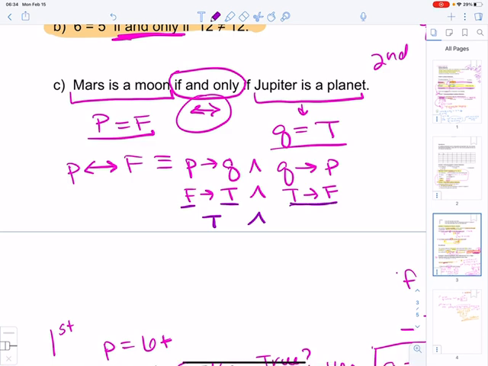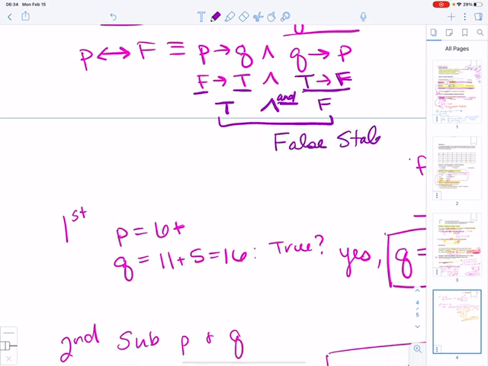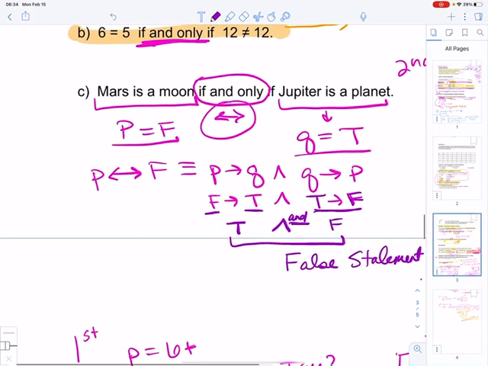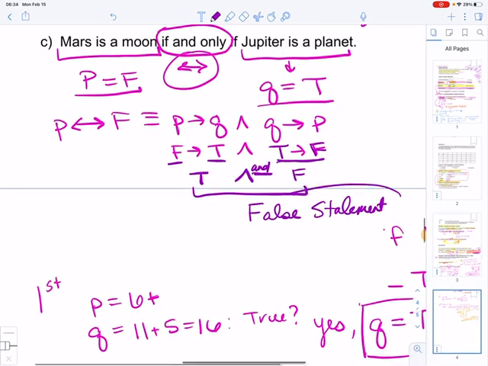Remember, if you eat your dinner but you don't get your dessert, you're lied to, so this is a false statement. Once again, we have an intersection, and in order for an intersection to be true, these have to both be true, so this automatically defaults to false. So this is a false statement. So when Mars is a moon, if and only if Jupiter is a planet, it is false.